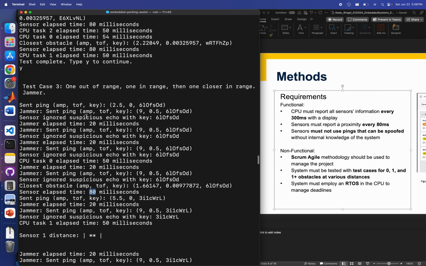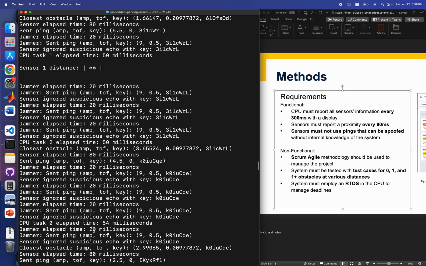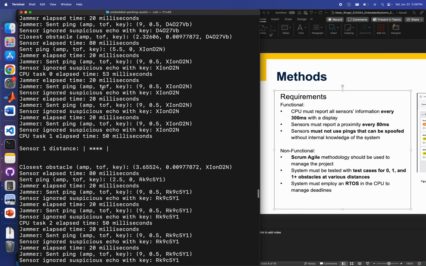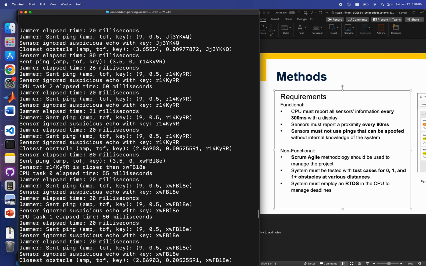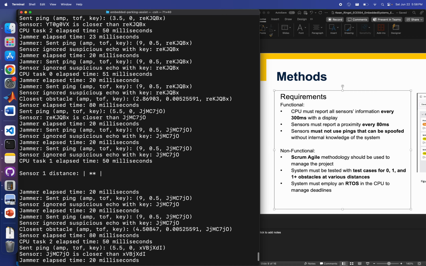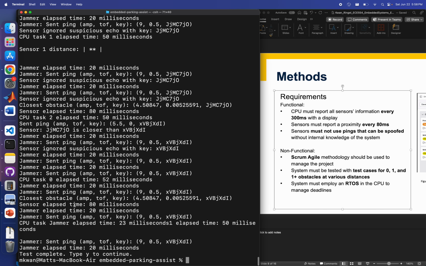You can see the final result where one is out of range and one is in range, and so it'll detect the one in range, and then it'll detect the one closer in range. So after initialization, you have 4 stars, and then it comes in range and should stay at 2 stars.